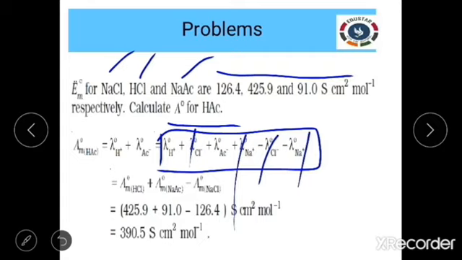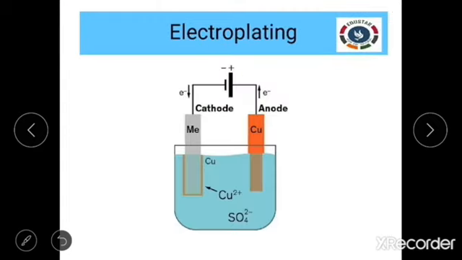The remaining things are H plus and acetate ion, which is acetic acid. So we have just added HCl, then sodium acetate minus NaCl. So we get the answer 390.5. Just pause the video and look at the things and then proceed to the next content.